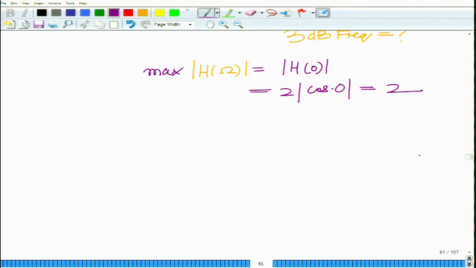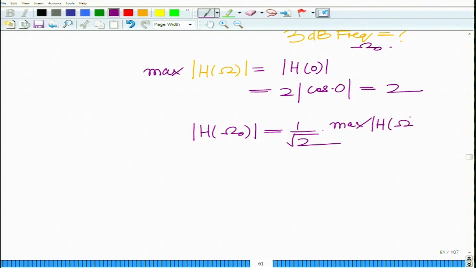Now, the 3 dB frequency, let us call this omega naught. Now, this will have to be such that magnitude H of omega naught is 1 over square root of 2 times maximum of the magnitude of H of omega, which is 1 over square root of 2 times 2, which is square root of 2.